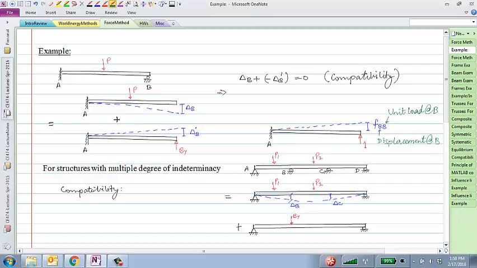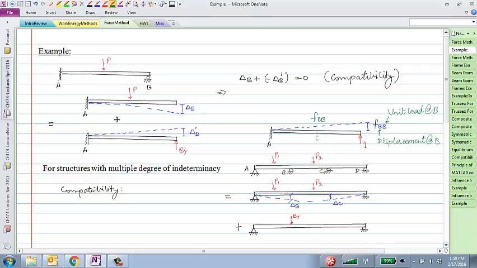So I could be measuring flexibility, say at some point C, midpoint of the beam. That flexibility would be FCB. Okay, so what we are talking about here is flexibility of the displacement at point B for a unit load applied at point B. And this is a notation that's important.